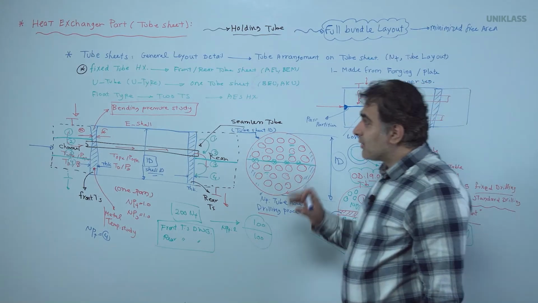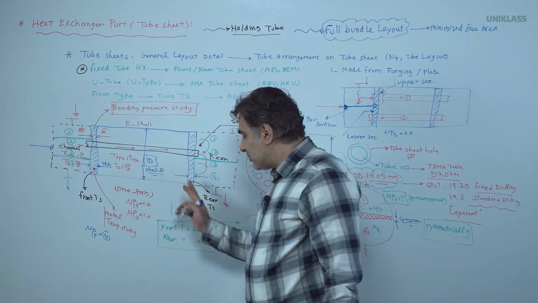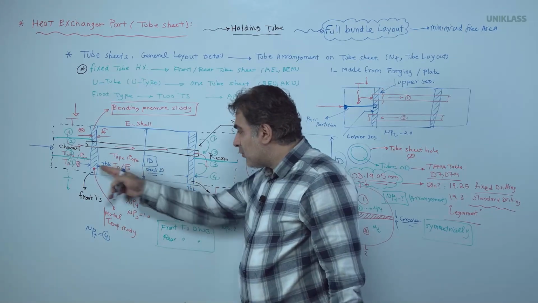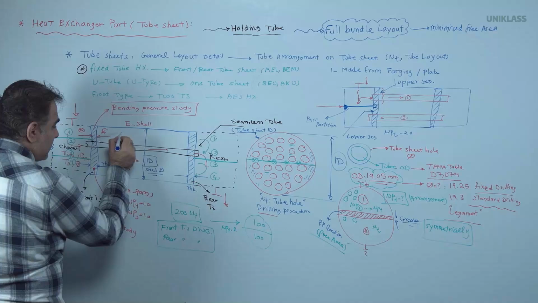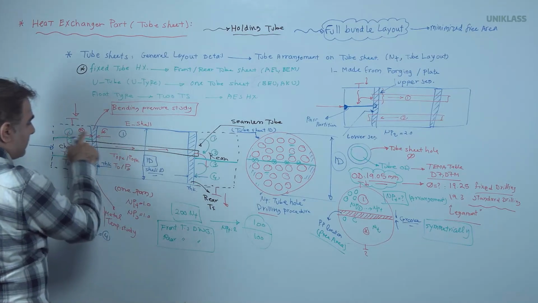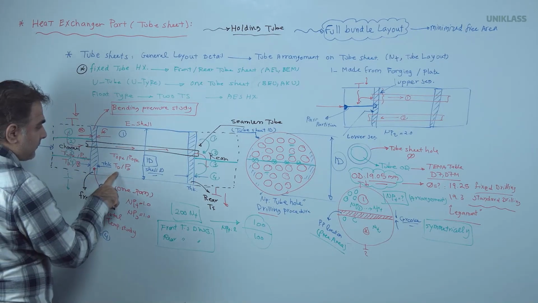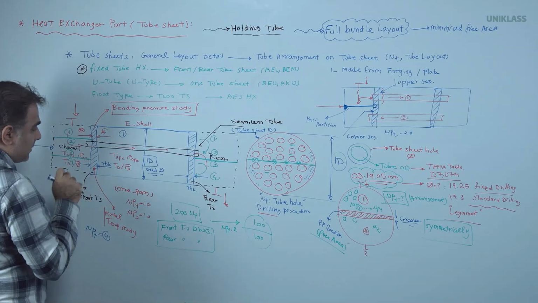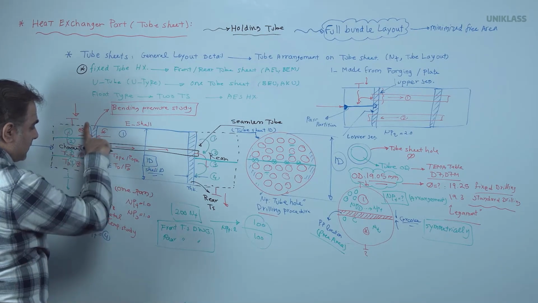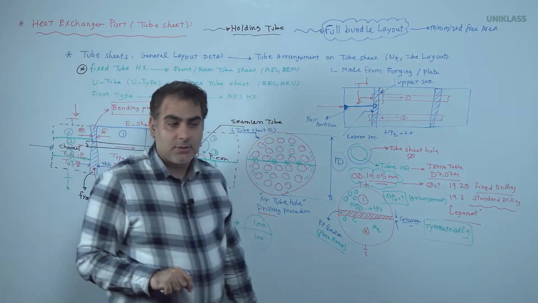Tube sheet philosophy is equal tube sheet thickness and equal material. We have two materials, one material available here, one material available here. Two different design pressures: design pressure of the shell side and design pressure of the tube side. Therefore, one of the biggest jobs is selection of the thickness and material. This is the duty of the mechanical engineering team.